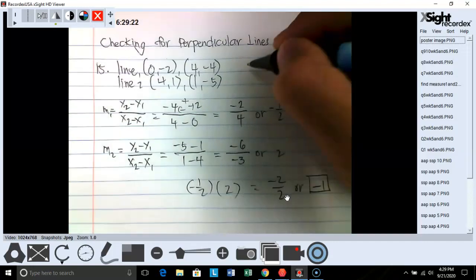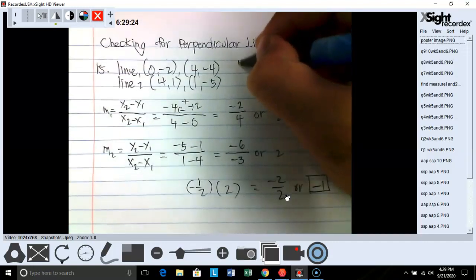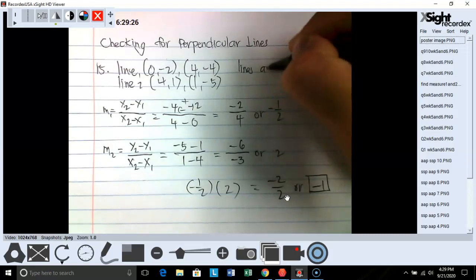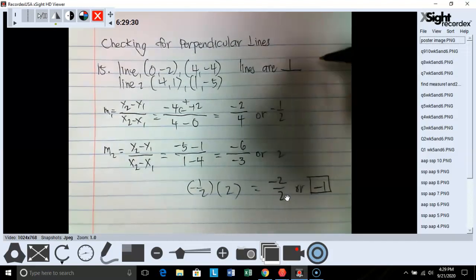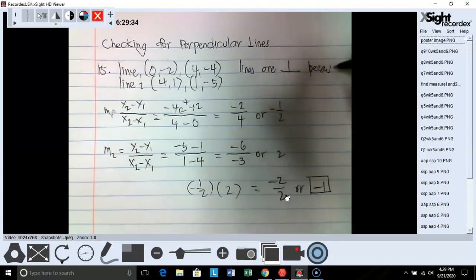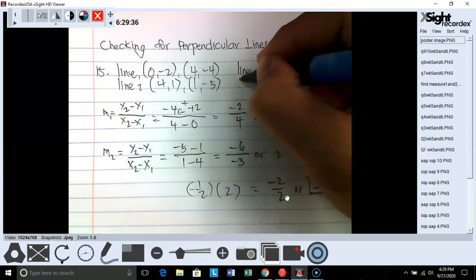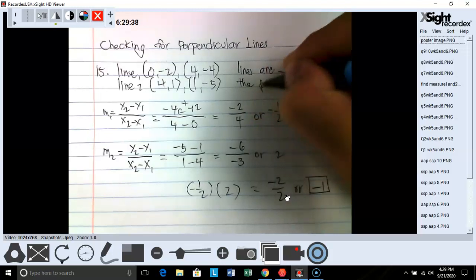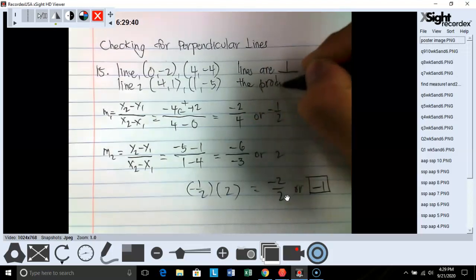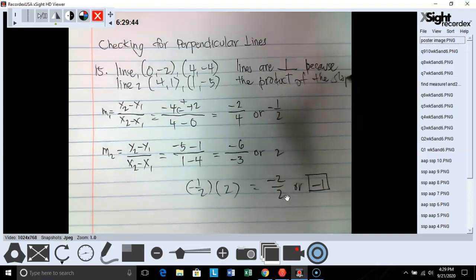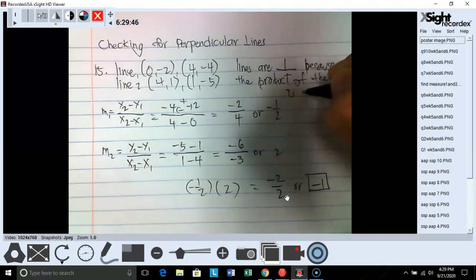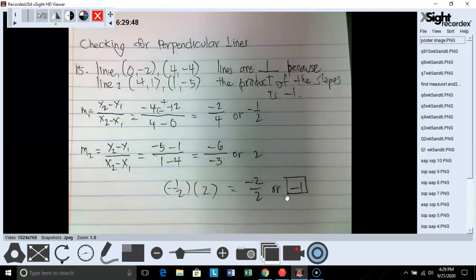So number 15, the lines are perpendicular, and you can use that symbol for perpendicular, because the product of the slopes is -1. Okay.